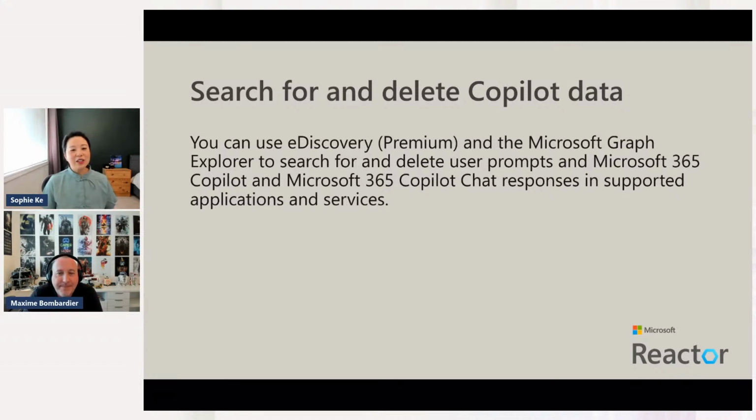For sure. With eDiscovery Premium, and we'll talk a little bit about Microsoft Graph Explorer, the combination of the two lets you search and delete actual user prompts and responses for Microsoft 365 Copilot and Microsoft 365 Copilot Chat.